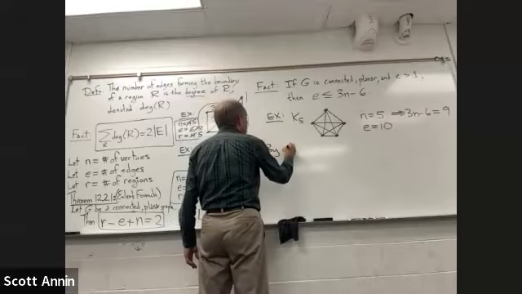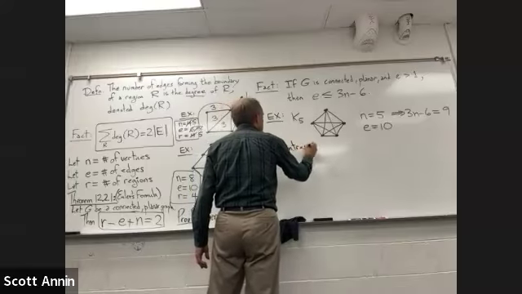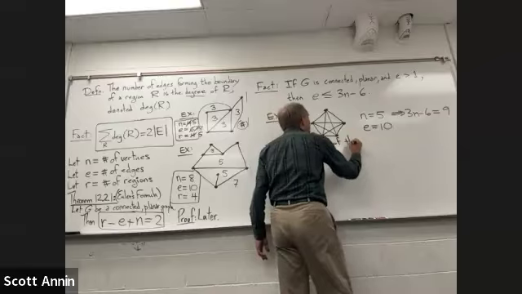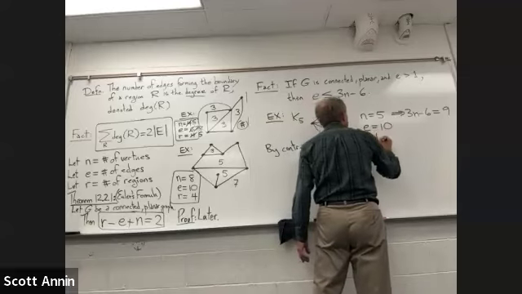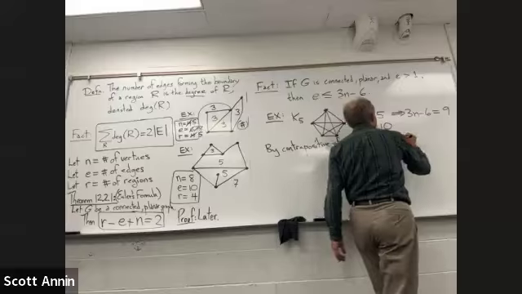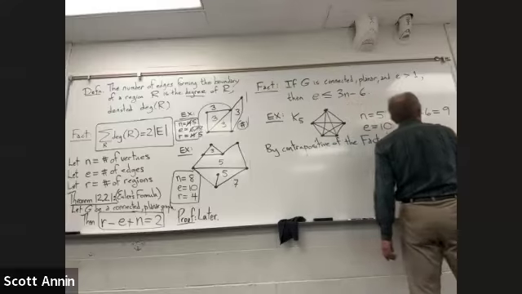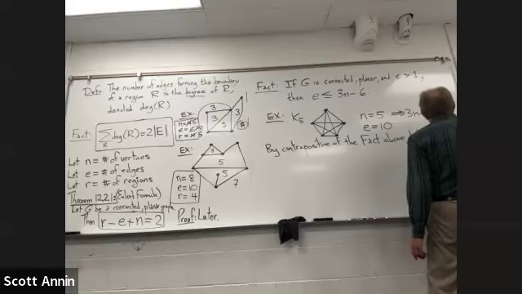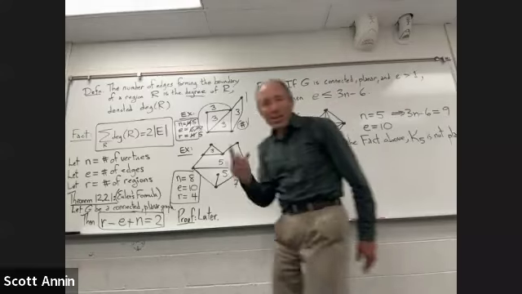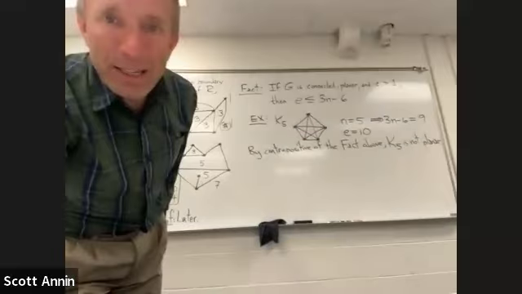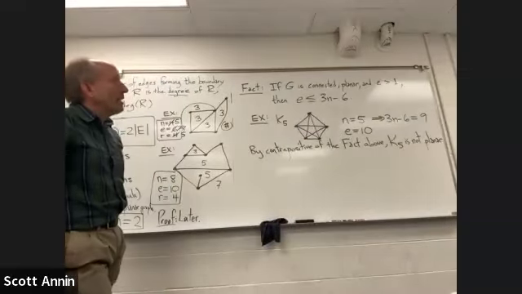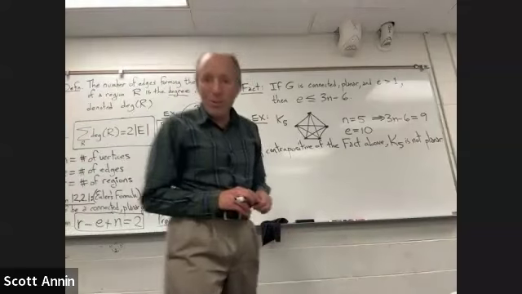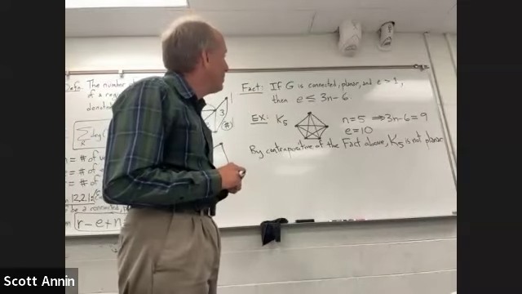So by the contrapositive of the fact above, K5 is not planar. And that is a rigorous justification that nobody can quibble with or have any doubts about. We're using the theory to really disprove this here. Okay?